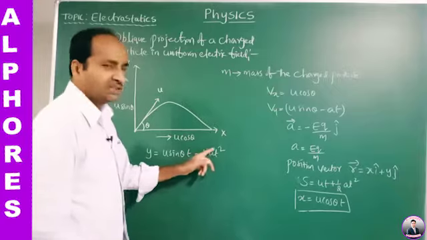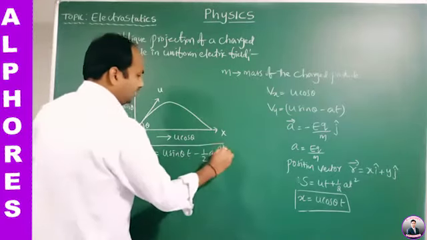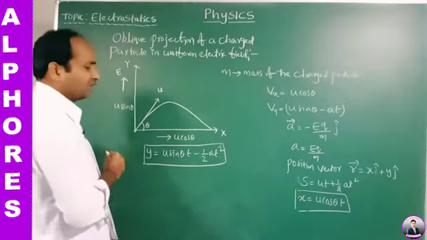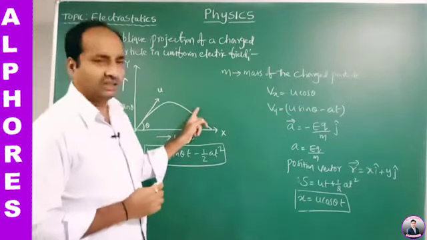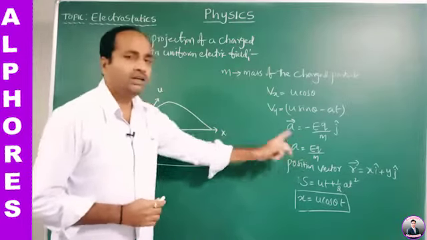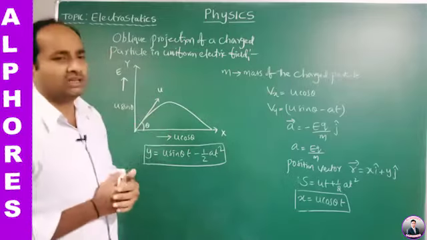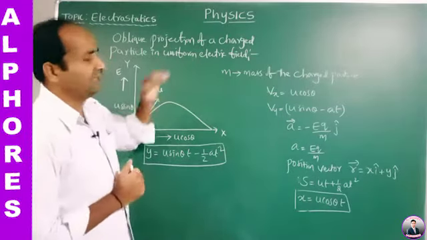Acceleration is negative here, minus half at square. This is the vertical displacement of the charged particle. Here, A is equal to Eq by m. Okay, this is about the motion of the charged particle in a uniform electric field.